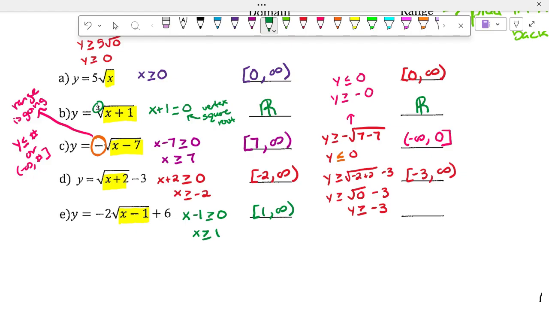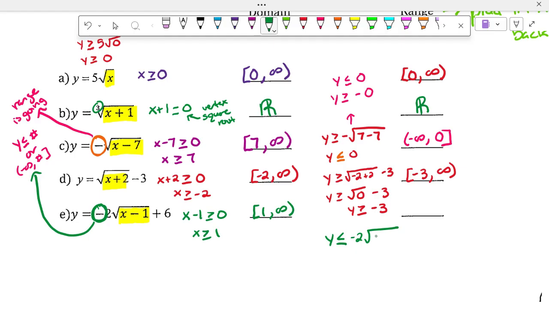No, less than. Why? I didn't get that point. So, well, what's in front of the graph? -2. A negative. So since it's negative, we defer to that. So when I set this up, I have y is less than or equal to -2 square root of what? X minus 1.